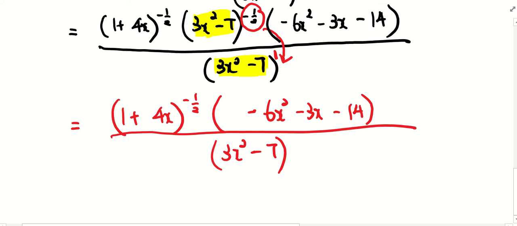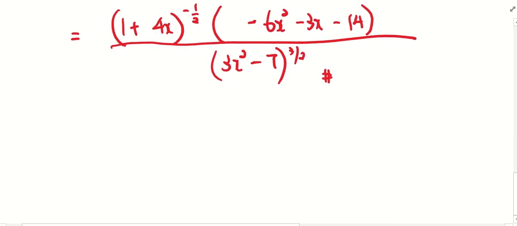Okay, 1 plus half is 3 over 2. If you give me this answer, it's considered very good already. Alright? But sometimes for certain questions, they want it in root form. So if I want to write in root form, you can write over the square root with a power 3. You get the idea? I will show you later again. Alright?